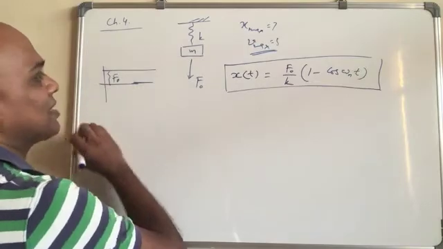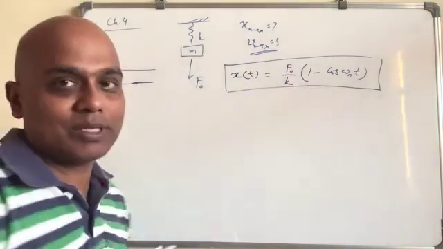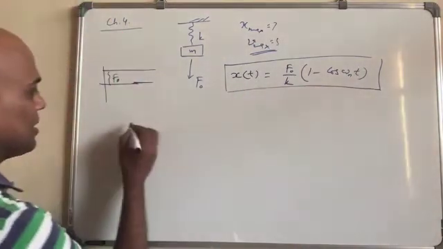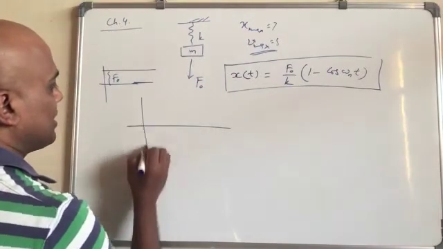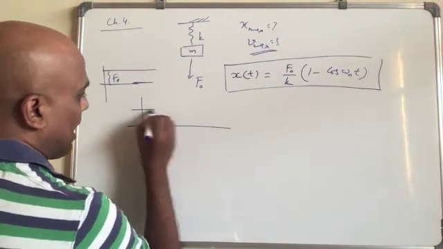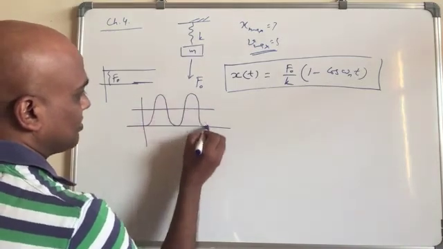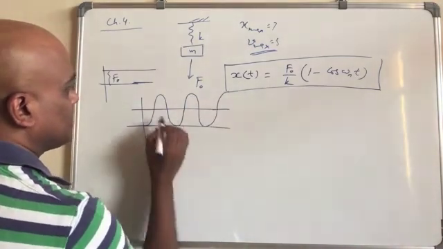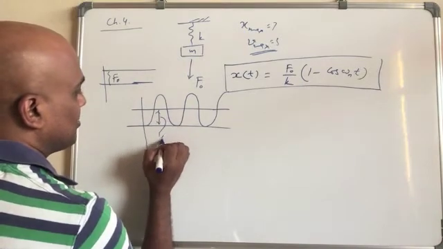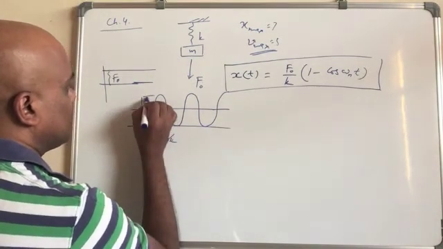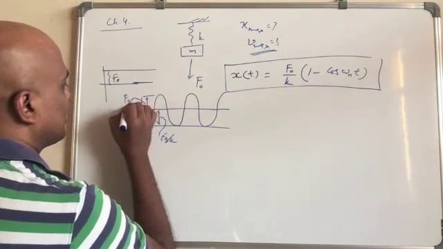It makes sense how we did it. I also plotted it, and it went like this. From here to here, this is F naught over k, and here also F naught over k, right?